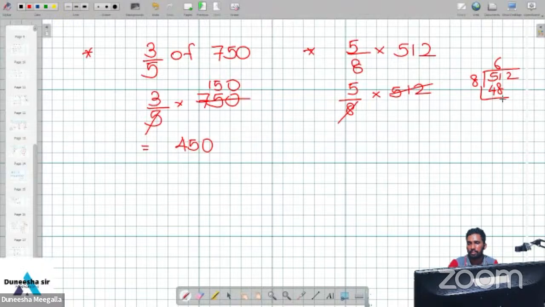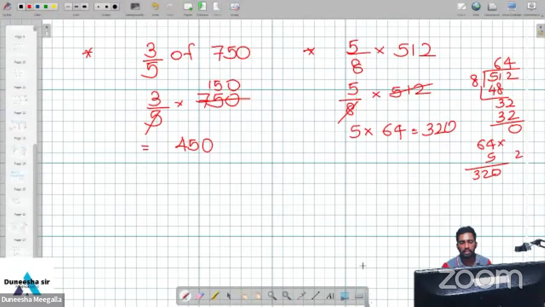Then how much remaining? 32. 0. Then 5 have to multiply by 64. 64 multiplied by 5. Then 5 multiplied by 6 is 30 and 32. Okay. What is the answer? 320. Okay. After you finish now, raise hand.